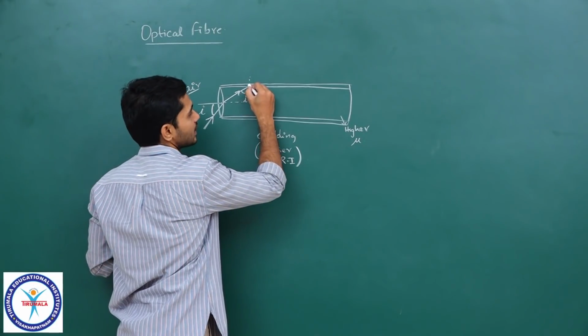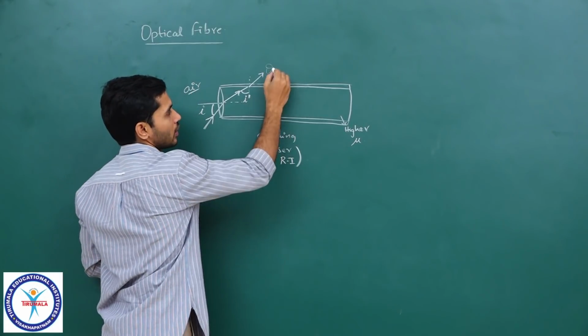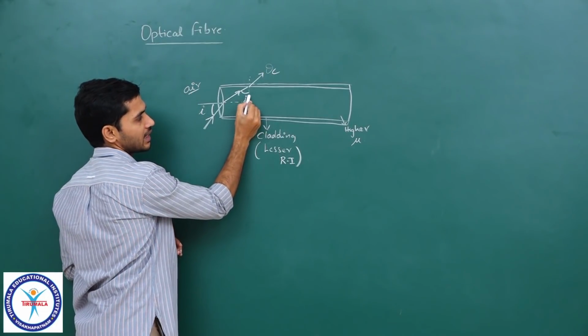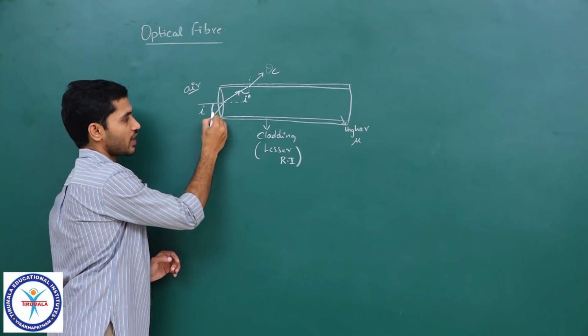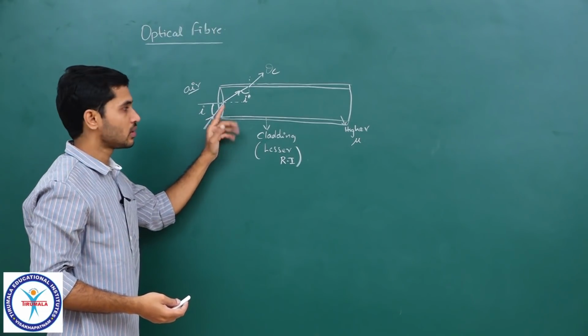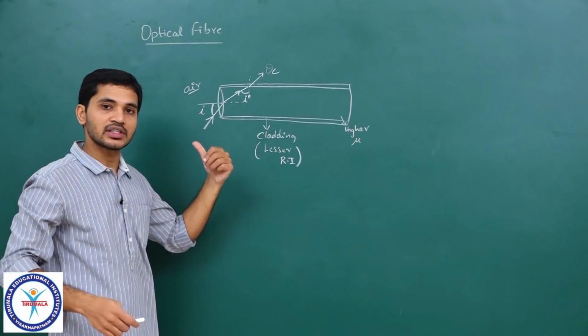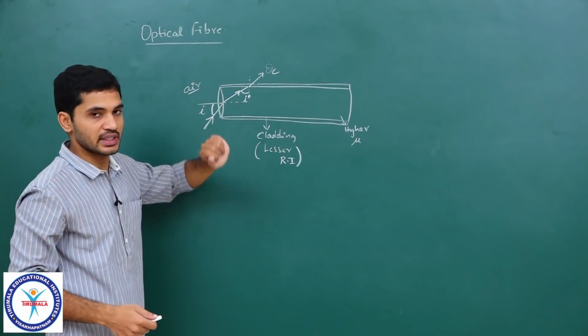Let us say the critical angle for this interface is some theta c. Now, you know that this angle I dash can be adjusted by changing the value of I, correct. If I increase the value of I, I dash decreases. We have seen in the earlier example also. If I decrease the value of I, I dash increases.